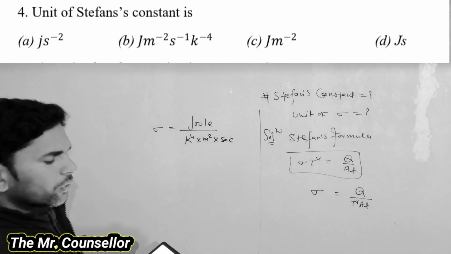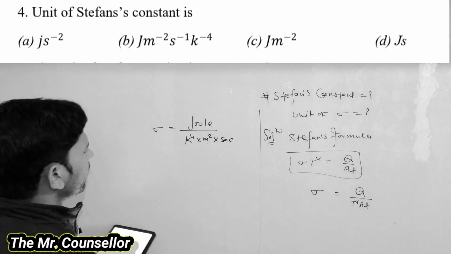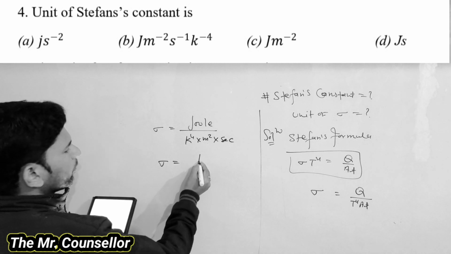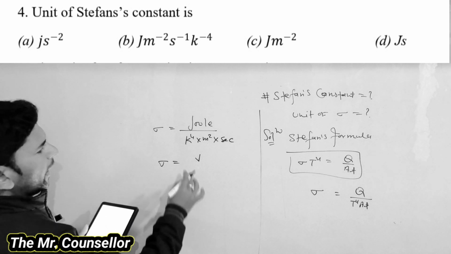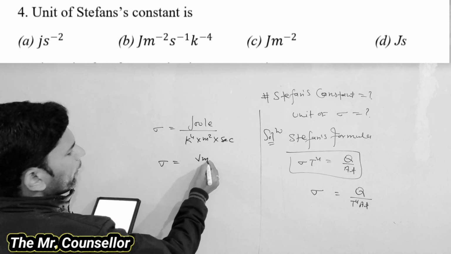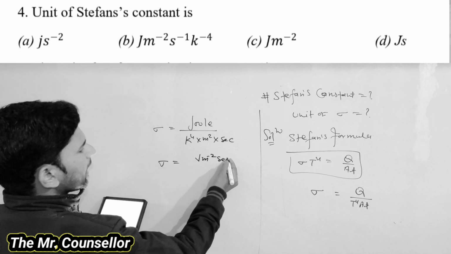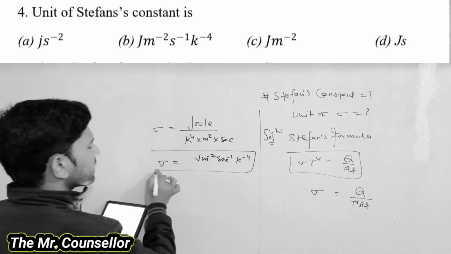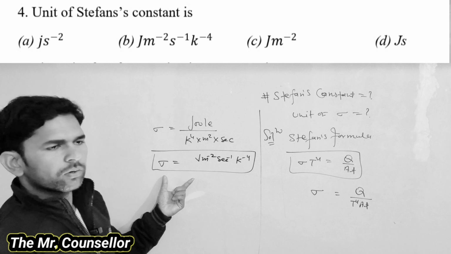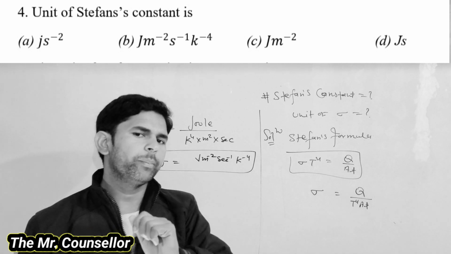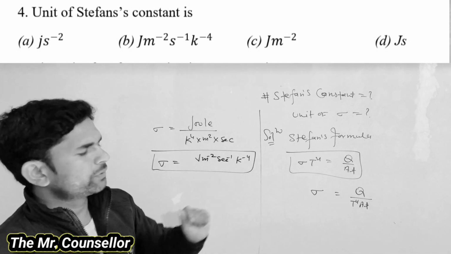Is it okay or not? Now you can make some arrangement. Sigma is equal to, for joule you can put one standard J, and then write systematically: m minus 2 second inverse K minus 4. So this is the unit of Stefan constant. You can check which option is correct. So option B is the correct answer of this question.